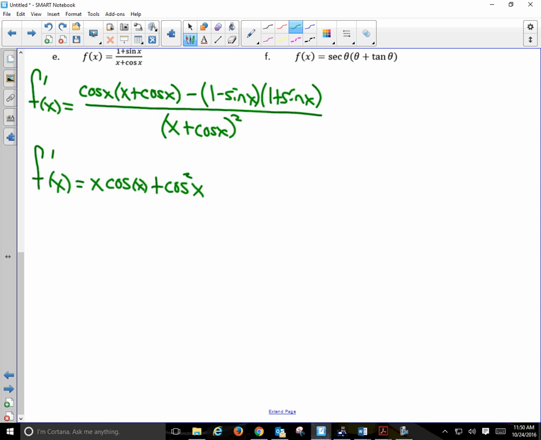Right, 1 minus sine squared. If I distribute the negative, I'll get a minus 1 and a plus sine squared, all over x plus cosine of x quantity squared. And now I wait for you guys to see something.